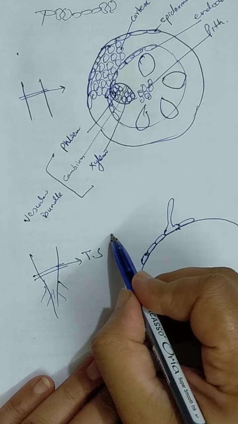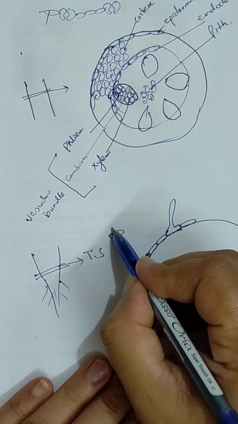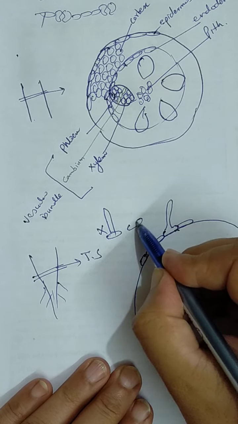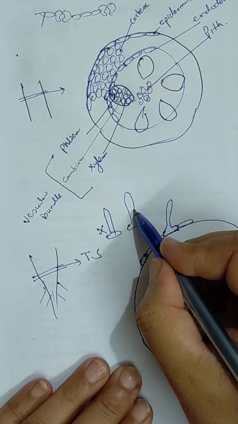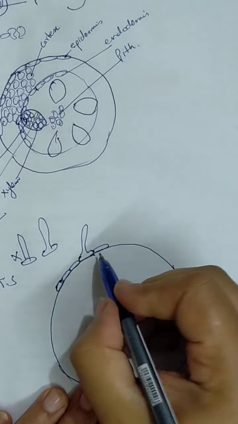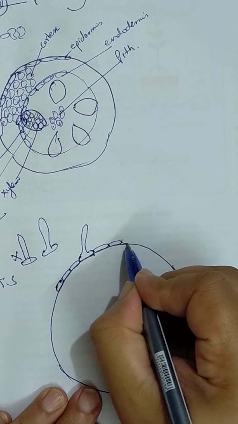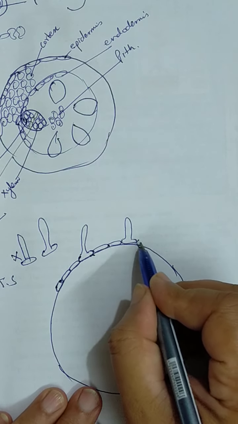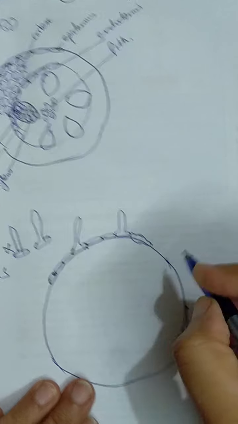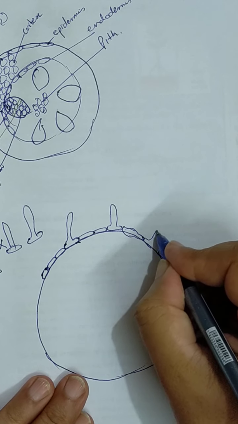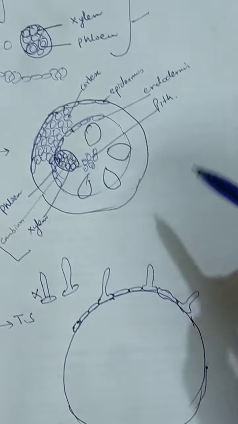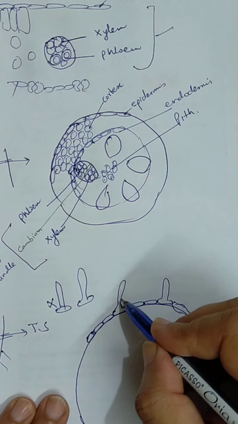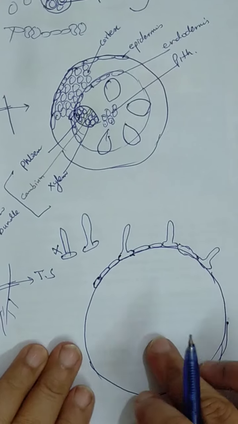Remember one thing, you will not draw a root hair cell like this and this. It is wrong. It is the extension of this cell, like this. So root hair cells are present in the epidermal layer, or you can say modified epidermal cells are present, and instead of saying epidermis, along with these root hair cells it is called the piliferous layer.